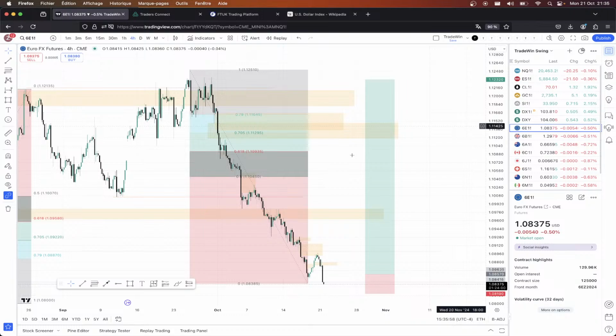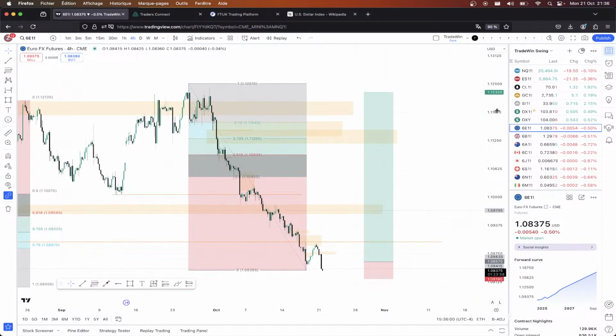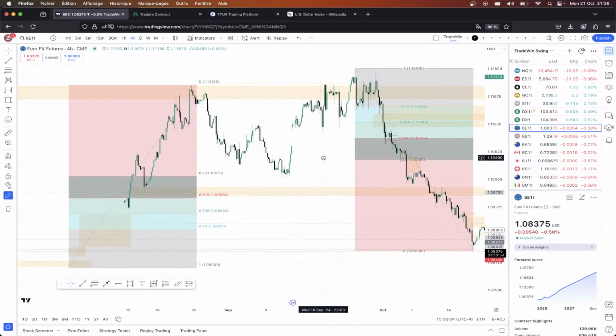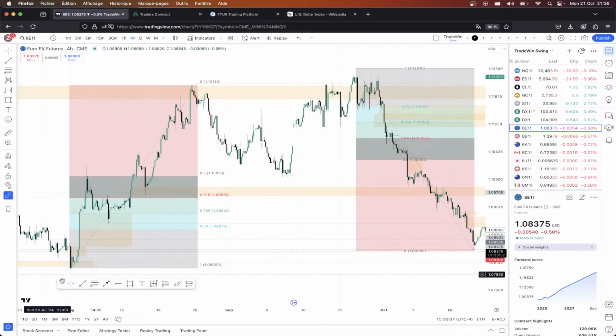So what happens with euro? Euro is doing quite crazy things here. Okay, what's happening? This was my previous low, the high. We didn't make really a new high, but still it's considered a new high.